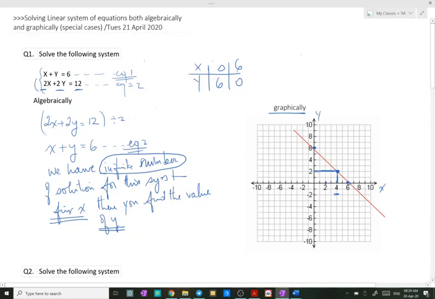If we choose x equals 2, then we extend and find the point of intersection, which belongs to the line, and the y for this point is 4. So for every x, you have a corresponding value for y. This is why we say we have an infinite number of solutions.